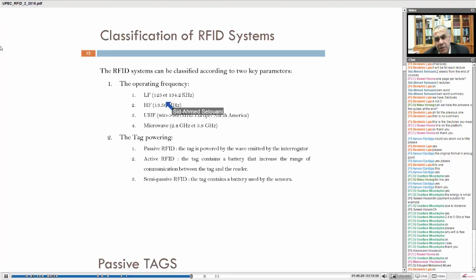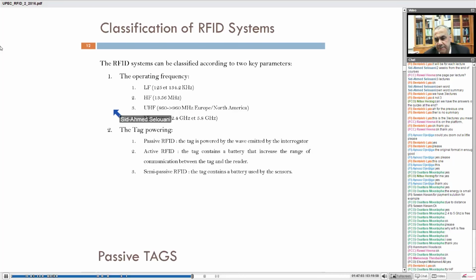Okay, so to summarize the classification of RFID systems, RFID systems can be classified according to the 2 key parameters: the operating frequency, remember 100 to 125 kilohertz and 134 kilohertz; the high frequency 13.56 megahertz, the UHF 860 to 960 megahertz, and the microwave RFID 2.4 and 5.8 gigahertz.